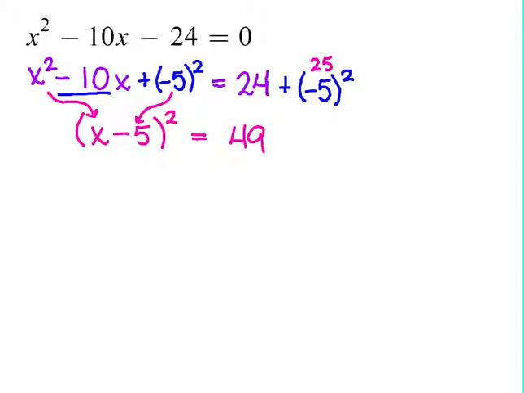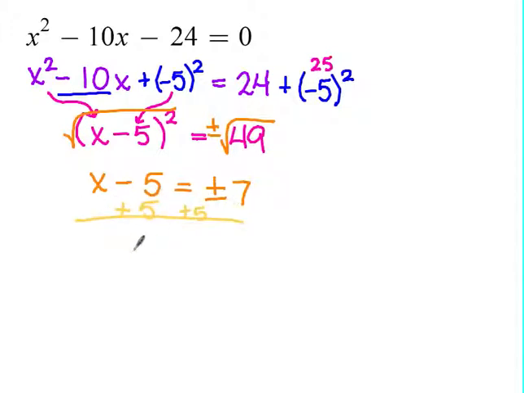Okay. So now to solve it, let's square root. Plus or minus. On the left side, what are you left with? On the right side, you have plus or minus 7. So now I'm going to go ahead and add 5 to both sides.